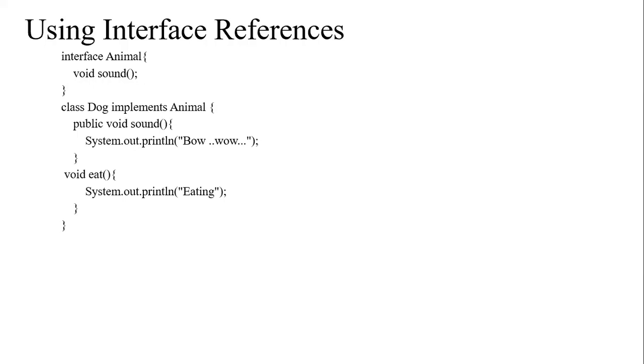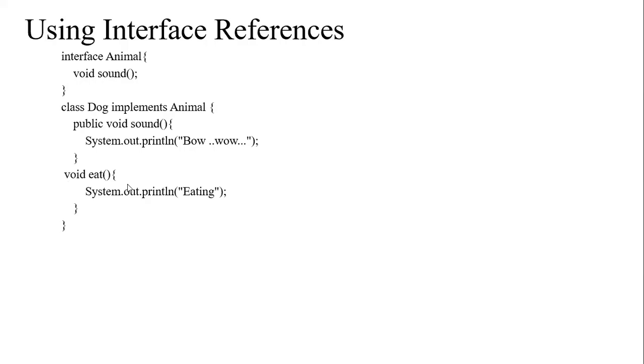Now, what I have done is, class dog implements this particular public void sound. So this particular implementation has been done. Along with that, I have one more method, this particular eat method, which is completely for this particular class. This is not a part of any interface, right? Okay.